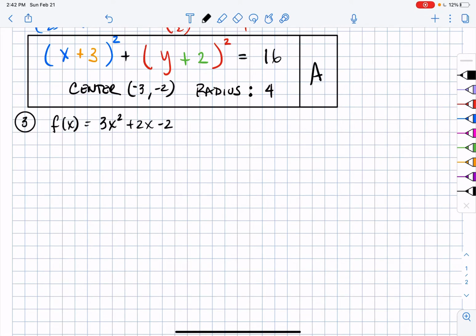So it wants to know if this is going to have a maximum or a minimum, and where it is, right? And where the location of it is. Okay, so this is in the form of, so this is still quadratic functions.